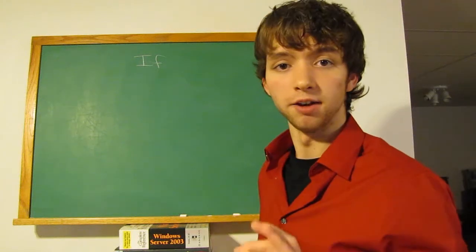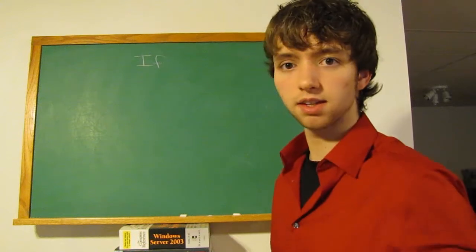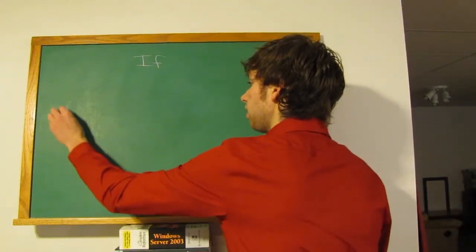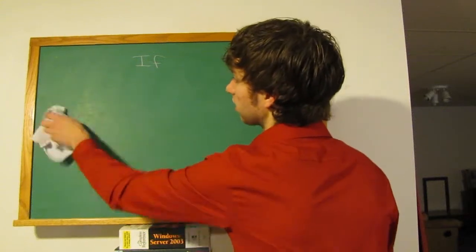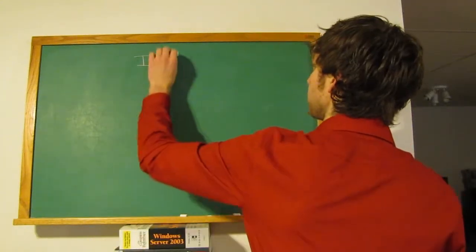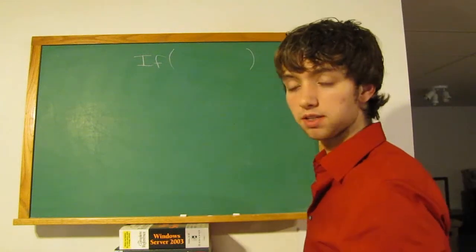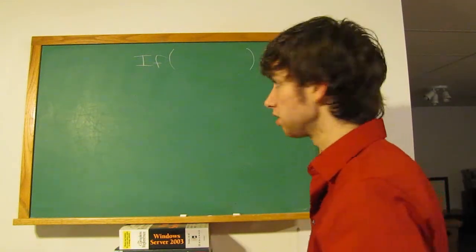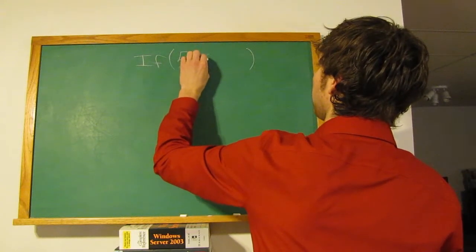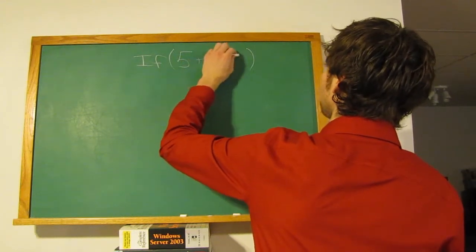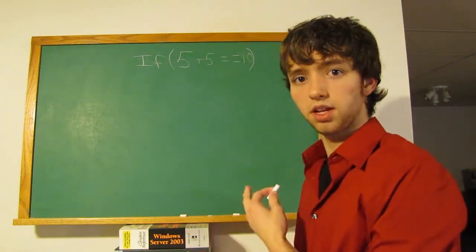Anyways, the if statement has a test, just like the ternary had parentheses. Well, so does an if statement. So the parentheses would go here. And within these parentheses, we place a test or an expression, such as 5 plus 5 is equivalent to 10.